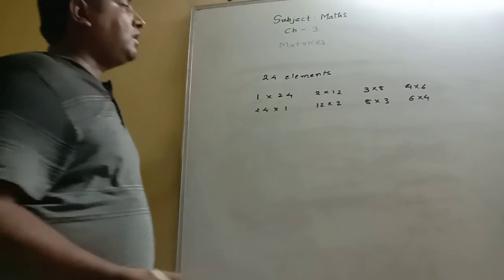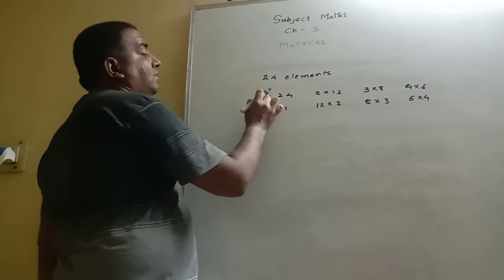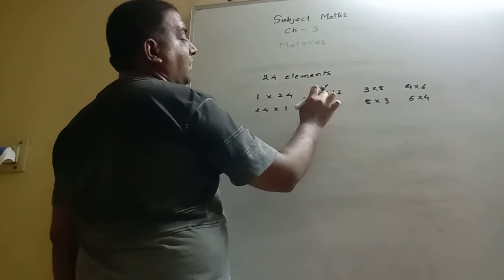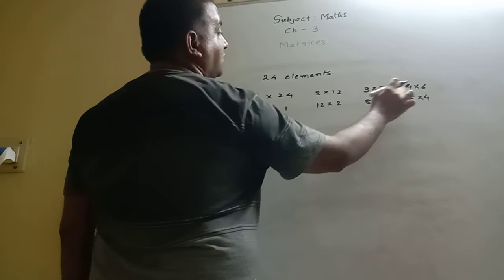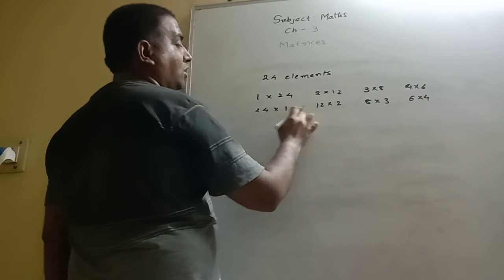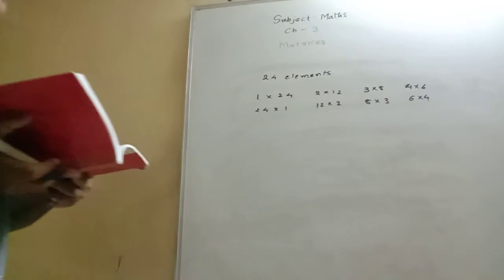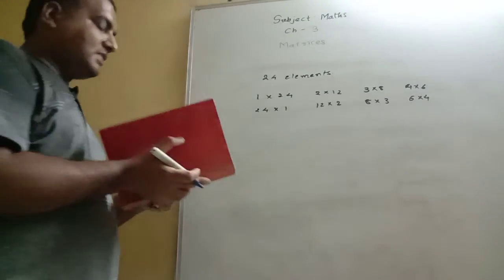So the possible orders of a matrix which contains 24 elements are 1 cross 24, 2 cross 12, 3 cross 8, 4 cross 6, 24 cross 1, 12 cross 2, 8 cross 3, 6 cross 4.